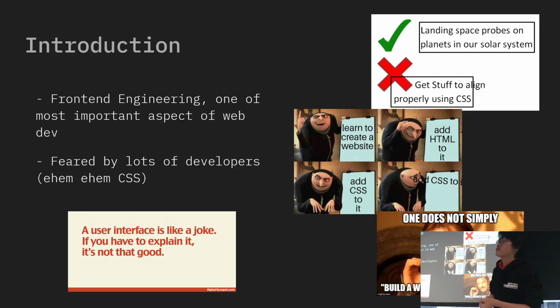Another thing with user interface is it's like a joke: if you have to explain it, it's not that good. You want to create a user interface that not only works for a couple of people, but works for everyone. For you to call it intuitive, it has to conform with certain standards, or what people expect. For example, the logout button is always at the top right-hand corner.